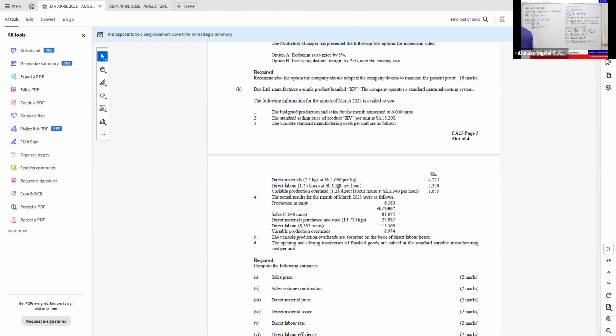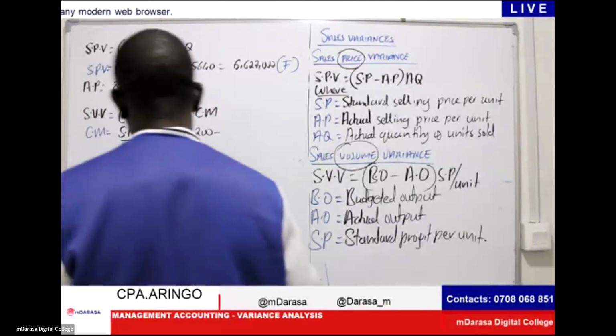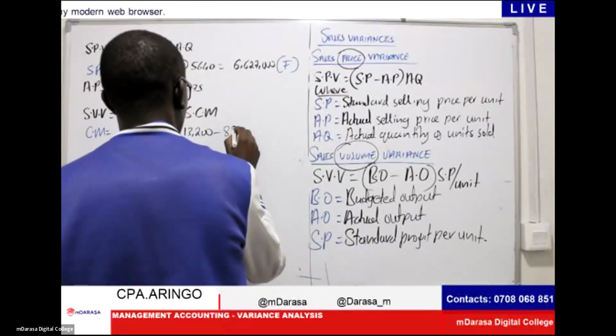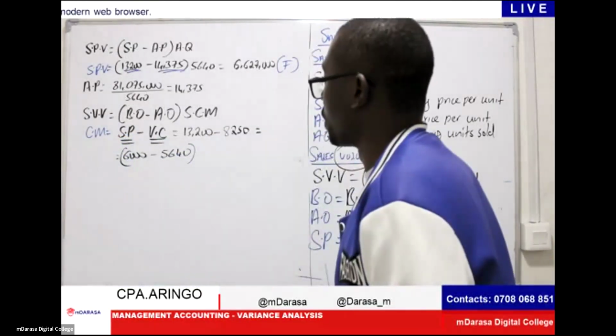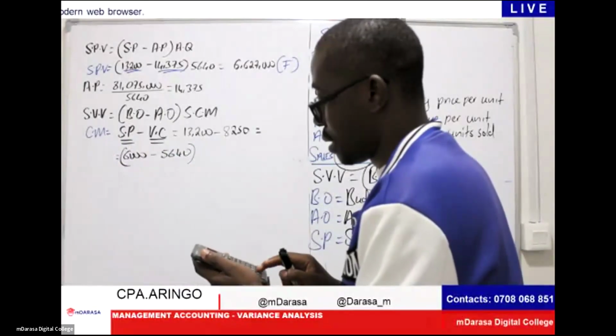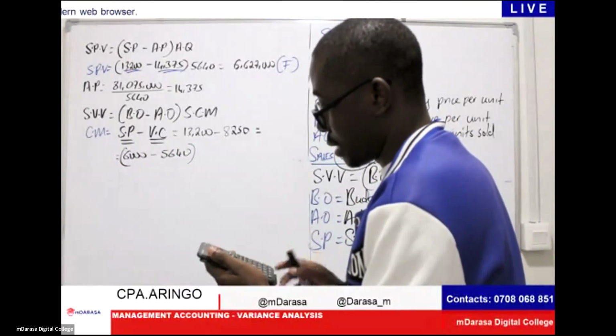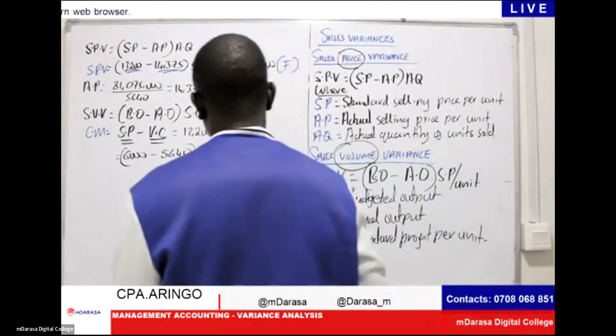So we can agree that my contribution margin, therefore, will have whatever that we budgeted as our selling price, which was 13,200, less the component of cost, which we've seen the variable cost there would be 82.50. So that our contribution margin will be 13,200 minus the answer to give us 59.50.